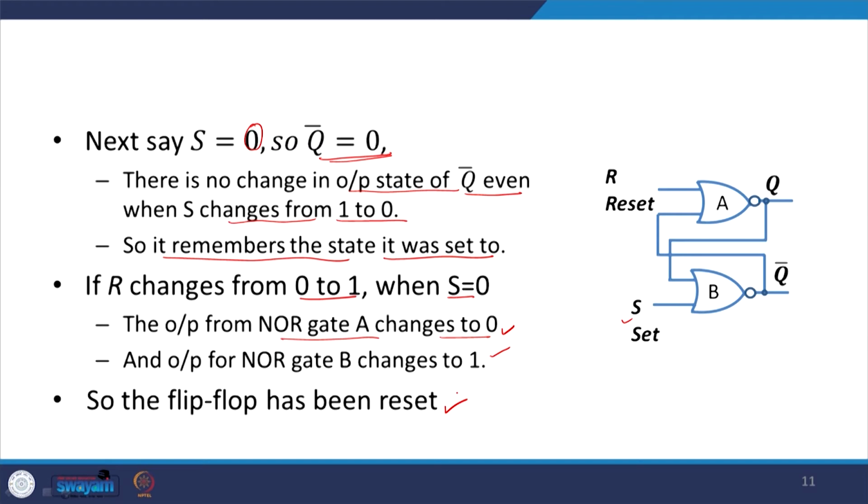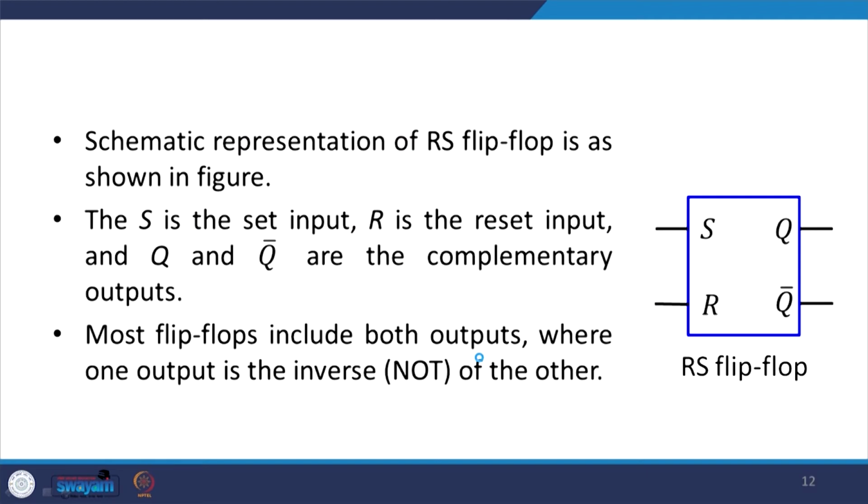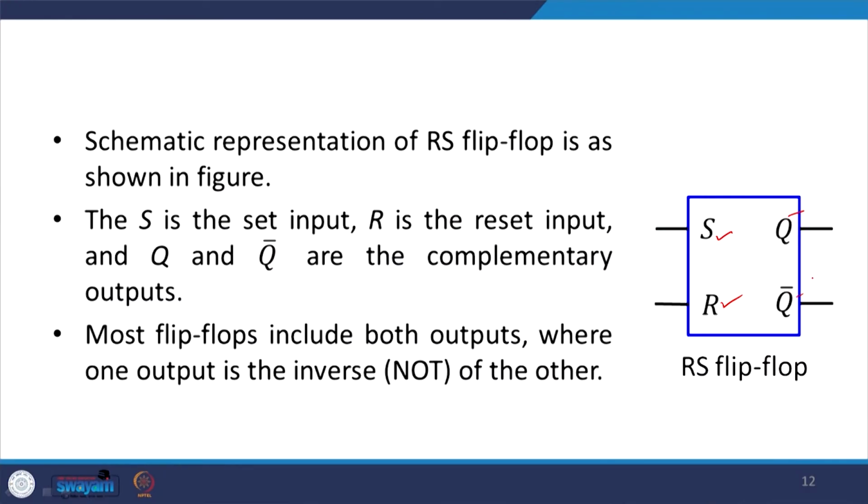So, this is what it means that when you change the R to 1, the flip flop has been reset as your Q bar is going to change to 1. So, the schematic representation of the RS flip flop is as here, you can see that you have set, reset and input, output Q and here you have the Q bar.